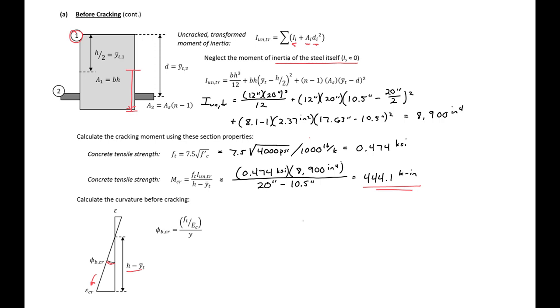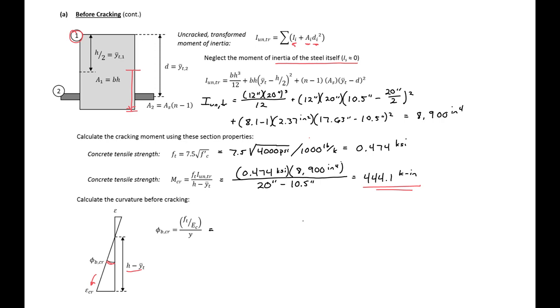And we can use then similar triangles, assuming small angles, we can calculate our curvature. So our curvature will be equal to the strain at the bottom divided by the distance between the centroid and the bottom, or y here.